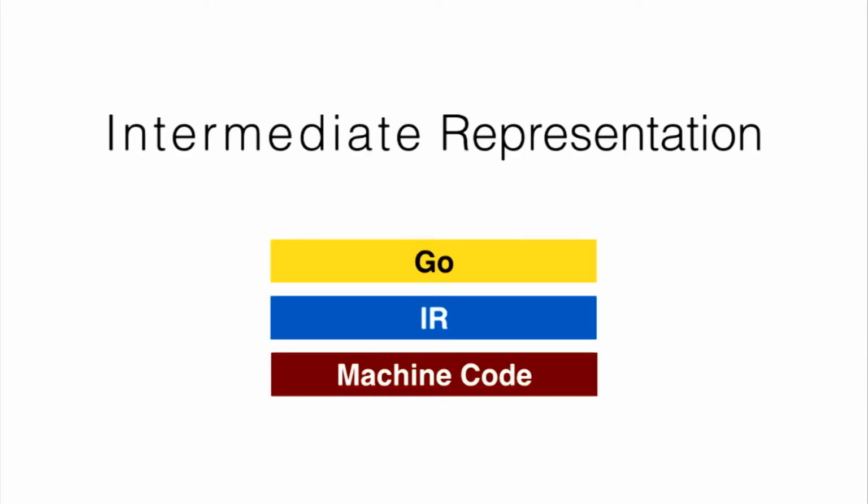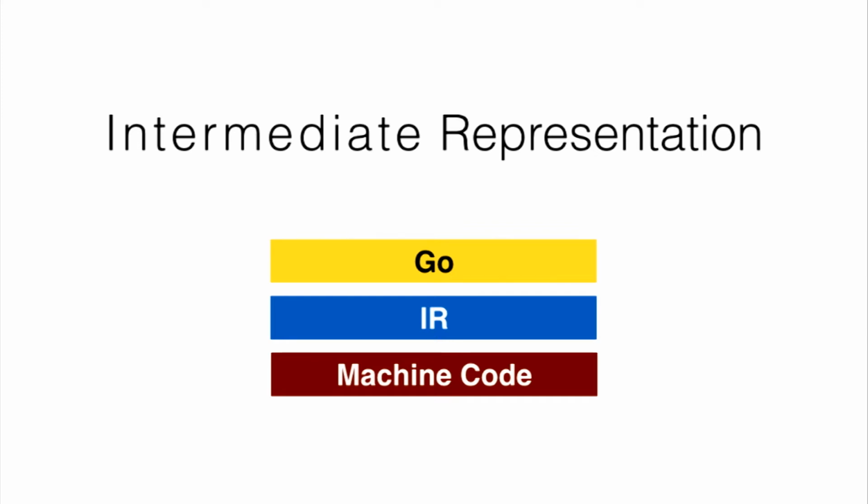So let's break down SSA IR. Intermediate representation, let's start with the IR part. All that means is that we have a layer in our code, our representation, that sits in between our Go code and our machine code. Our Go code is where the AST lives. It's the structure of our code, and it shows the layout, but it doesn't show that flow of data. Whereas the machine code will actually show the flow between jumps and registers, but it's all machine specific.